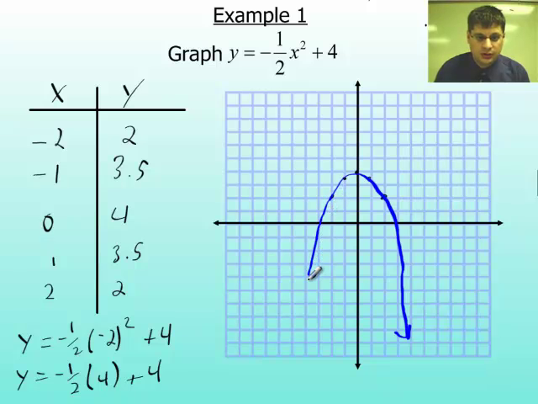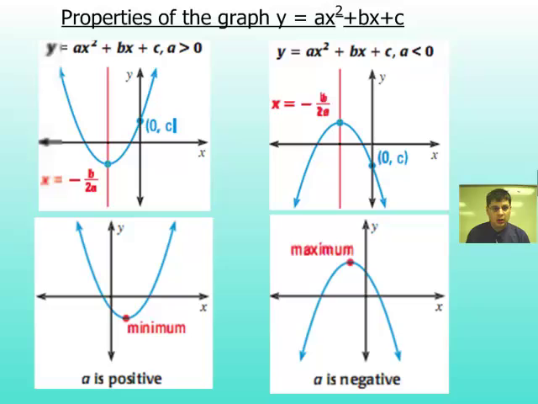And of course, don't forget your arrows. Okay, so that's one way in which you can graph a parabola. Just substitute in x values, find the corresponding y's, plot those points, and draw your parabola.